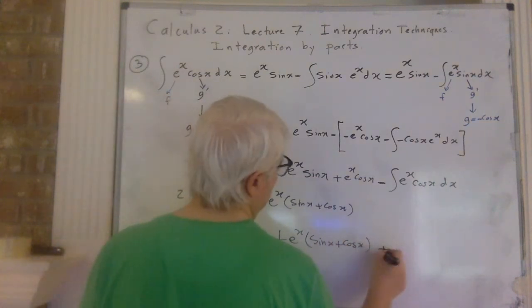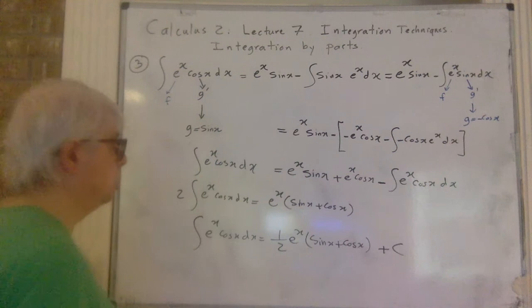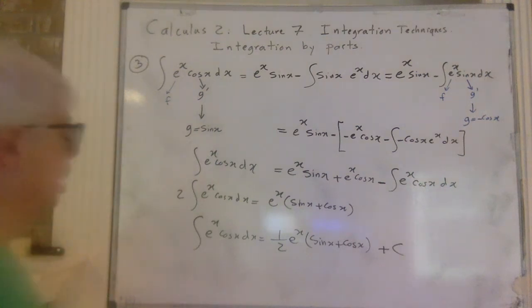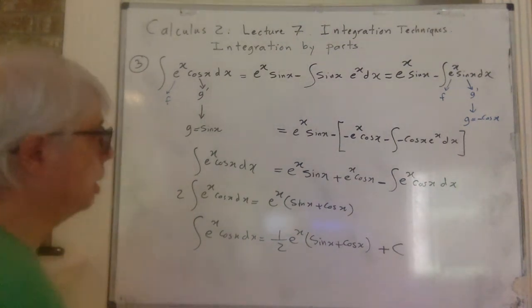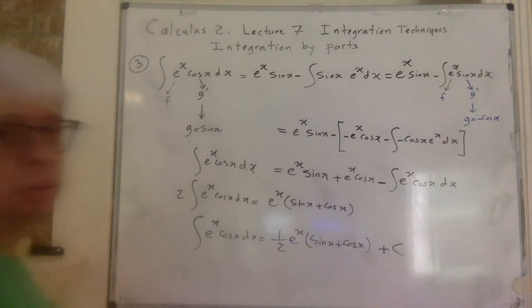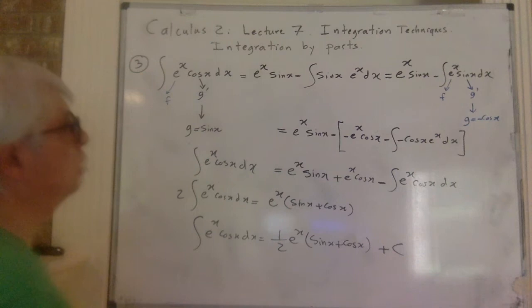One of those integrals needed a constant, so let's just write the constant. That's it. So sometimes I need more than one integration, and we have to do two integrations by parts to find the solution.